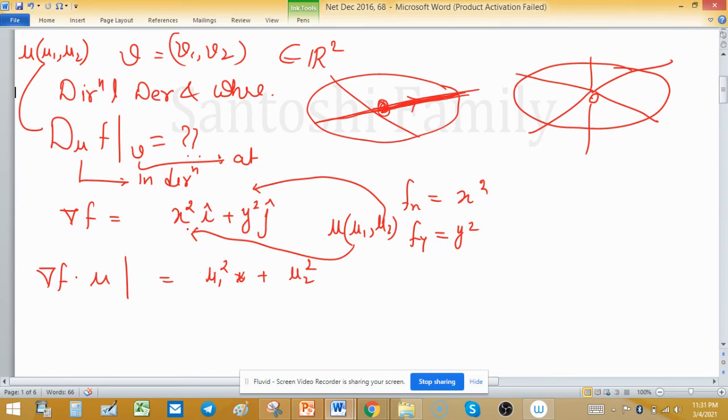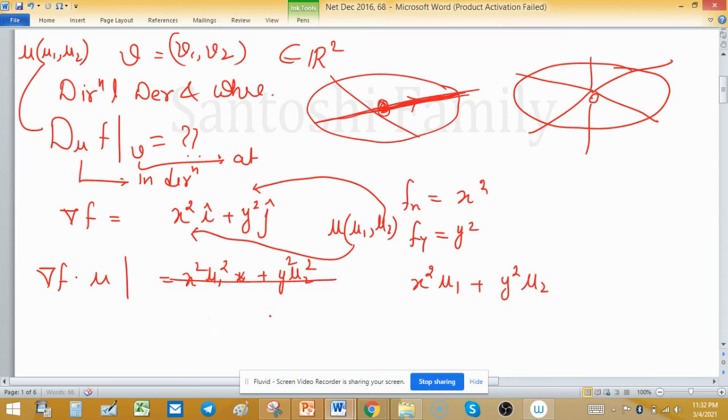Some little mistake here. I'm going to take the dot product of gradient f with vector u. So it will be x square u1 plus y square u2.